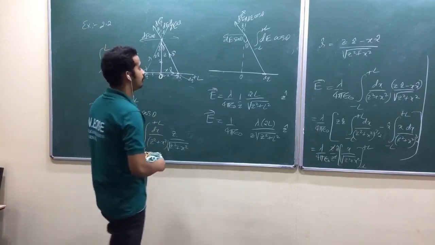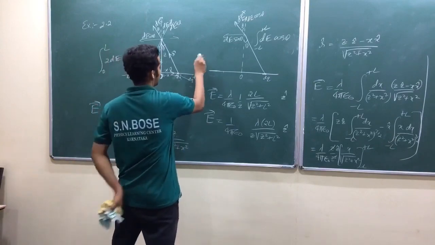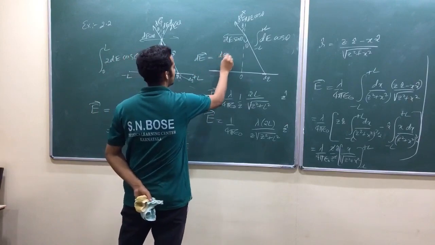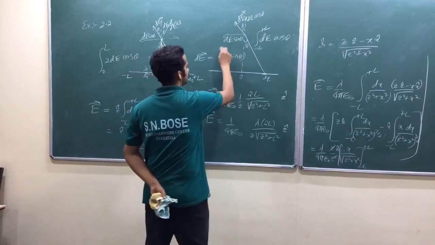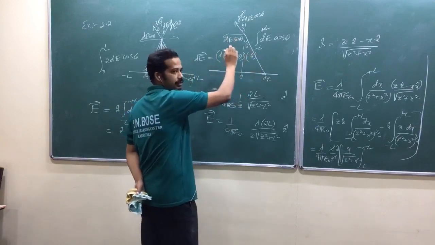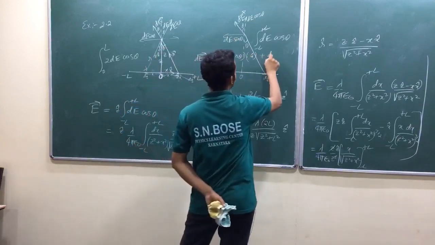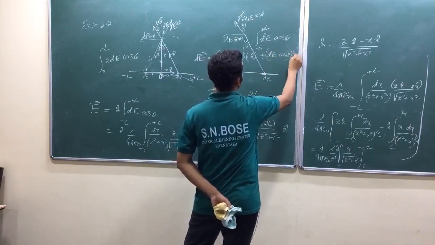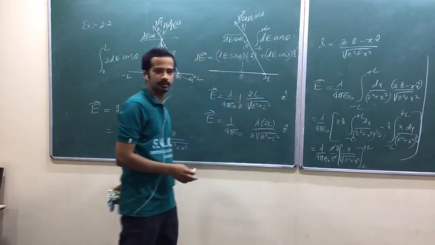And one more way is writing the dE vector: dE sin theta into minus x cap, am I right? In this sense, plus dE cos theta into z cap. That's also okay.